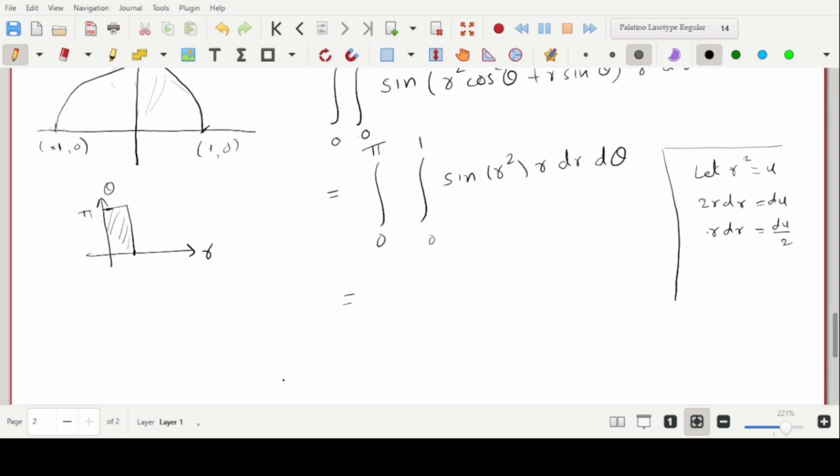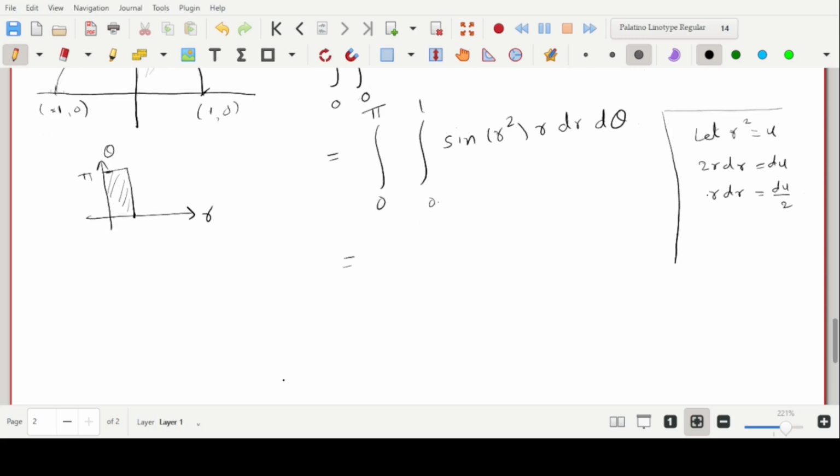And the limits of integration also may vary, let's see whether they vary. As r varies from 0 to 1, r square also varies from 0 to 1, so u also varies from 0 to 1. So the limits actually will not vary. Sine of u, with r dr being du over 2, d theta.